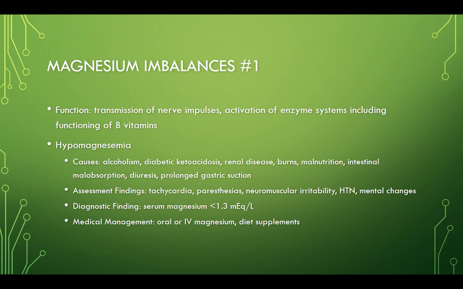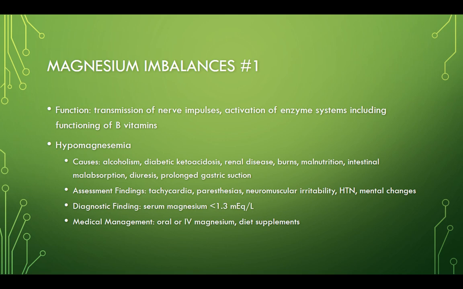If you have a patient on an NG tube, they're going to sometimes replace the amount of fluid coming out with their IV. So a serum magnesium of less than 1.3 milliequivalents per liter.